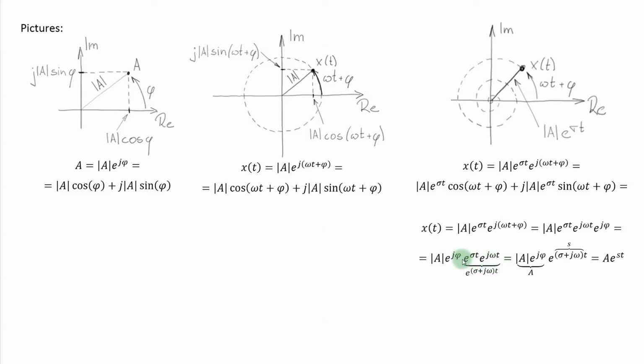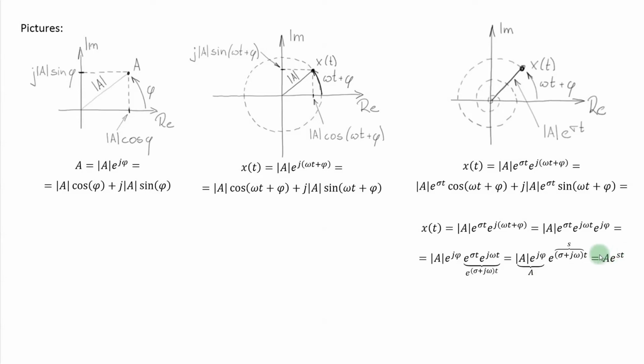Here I can combine these two exponentials into a single exponential, which will give me this. And here I will denote this as complex frequency S, and I will denote this complex number as the complex amplitude A, and that will give me that complex exponential which I showed you on the previous slide.